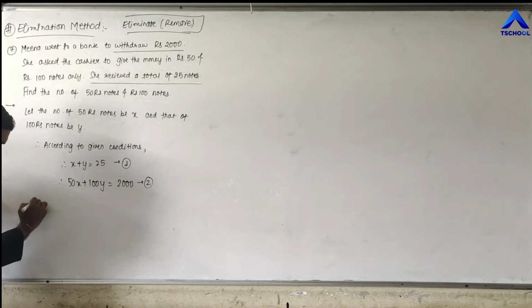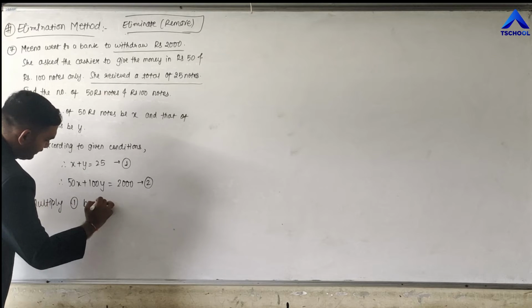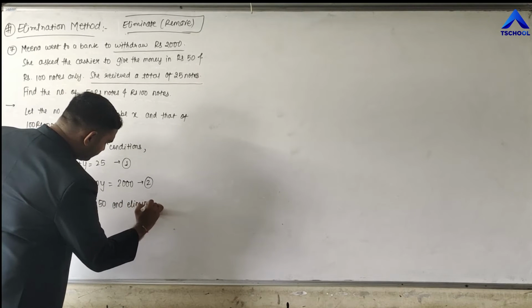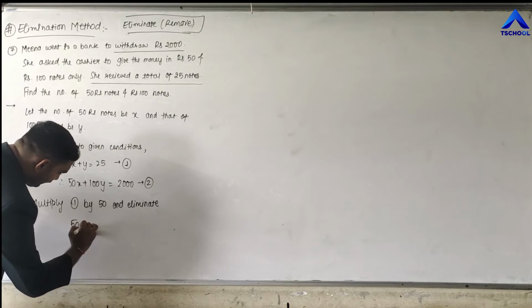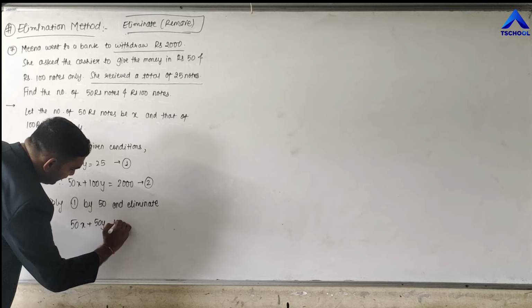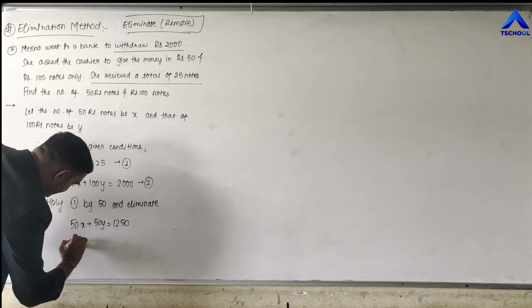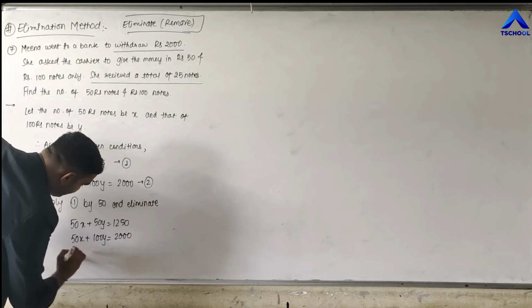So multiplying equation 1 by 50, I shall get 50x plus 50y equals 1250, right? And the second one is 50x plus 100y equals 2000.